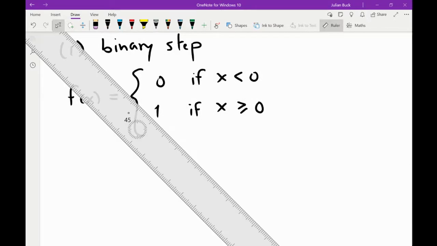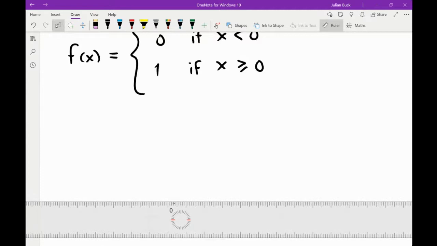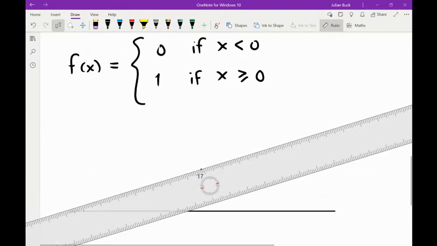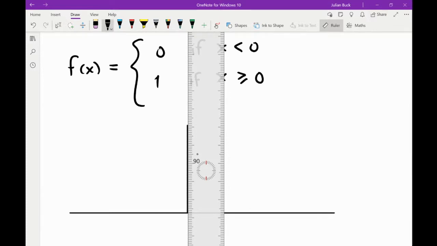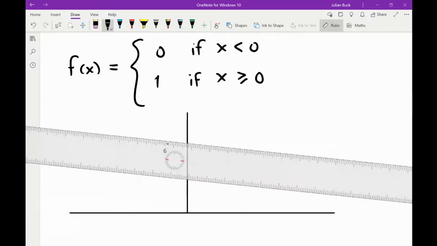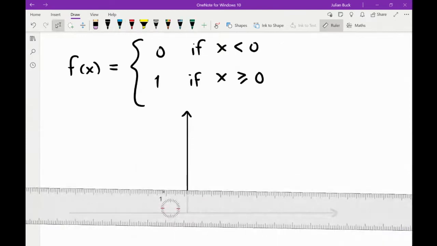Okay, so let's do a quick little graph of this. All right, so what this function looks like, let me put, say, 1 right there.